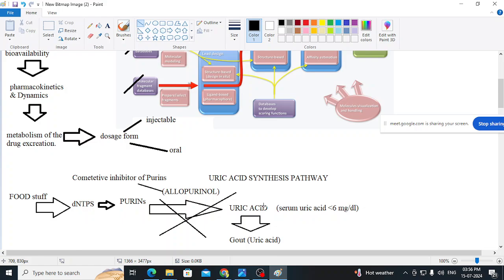So how did this idea get generated? When the uric acid pathway was identified, they identified a loophole. The loophole was in an enzyme. So they identified the enzyme. Let us consider that this is the enzyme.